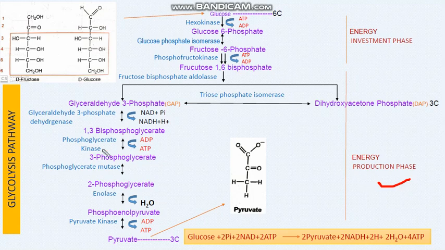So the whole glycolysis pathway involves 10 steps. If we consider this a cell, we will discuss here how the glucose forms pyruvate.